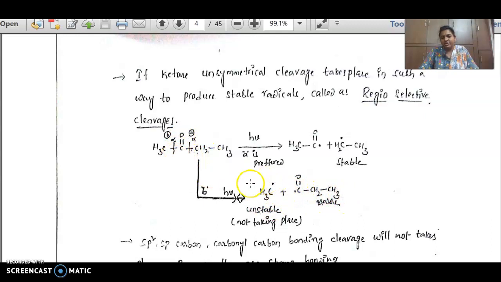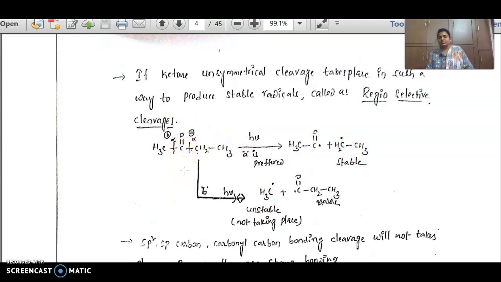Then this methyl is unstable, here ethyl is stable. This is simple methyl, a primary radical, because it is attached to a +I group. That's why this is more stable than this. That's why A cleavage is possible, B cleavage is not possible.